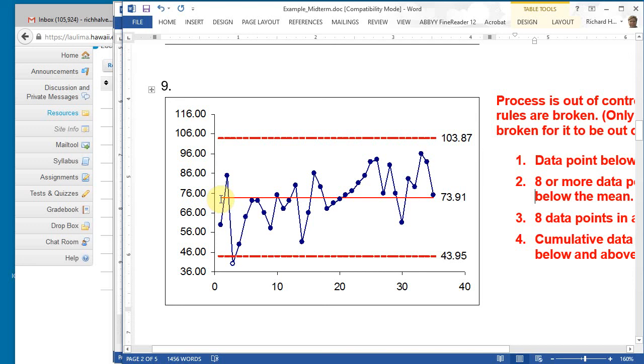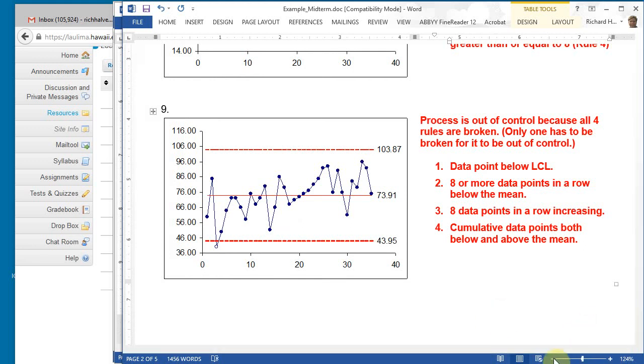So if we start at 0 right here, we have -1, 0, -1, -2, -3, -4, -5, -6, -7, -6, -7, -8. There's -8. So at this point, we are out of control because we've got an accumulation of 8 that are below the mean.